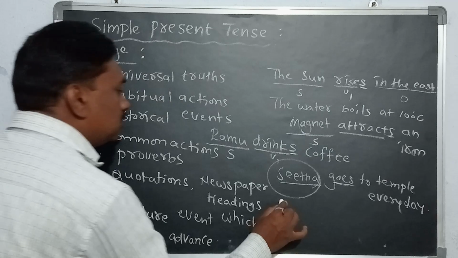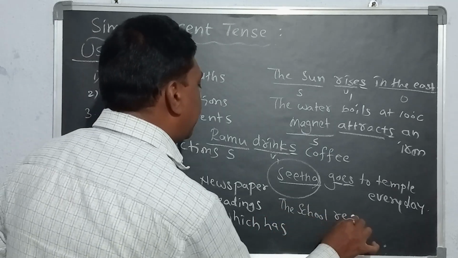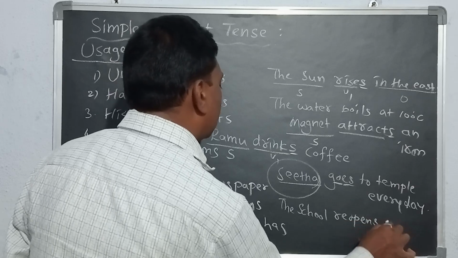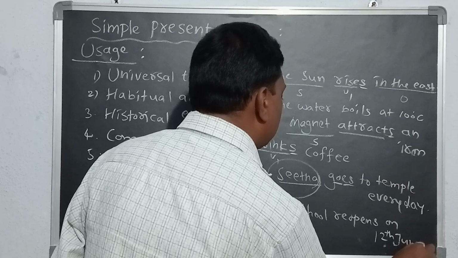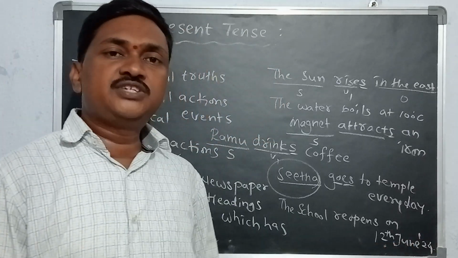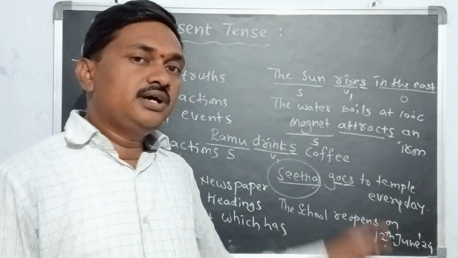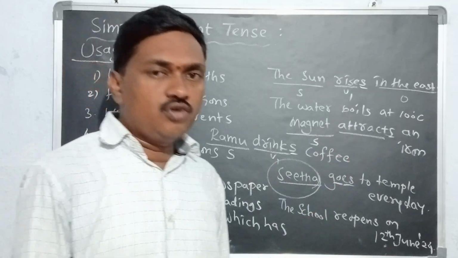Okay, for example, the school reopens on 12th June 2024. This is future. 12th June 2024 is future. But it has been fixed in advance that the school reopens. We know in advance.